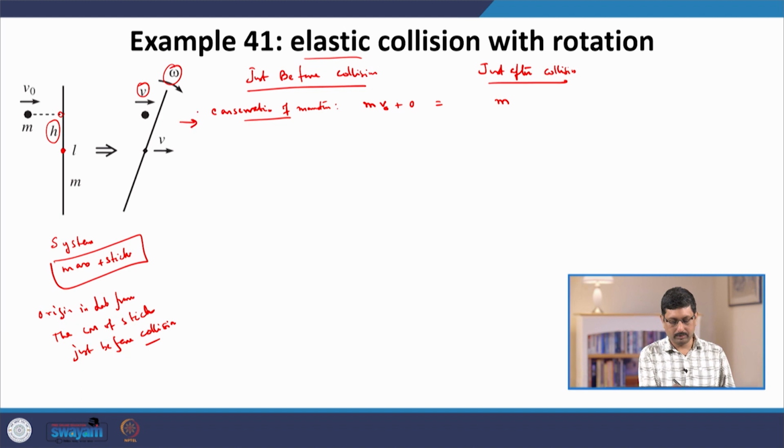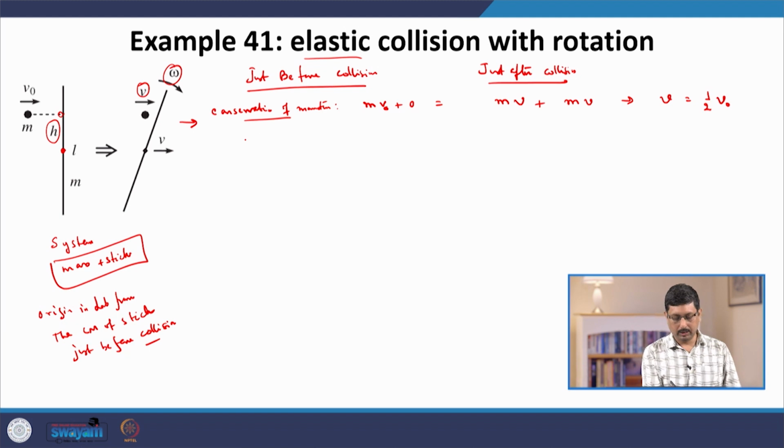So m v is the momentum of the mass, and we look at the center of mass of the stick, which is moving with a velocity v. If I equate them, this gives us the velocity, which is half v naught.